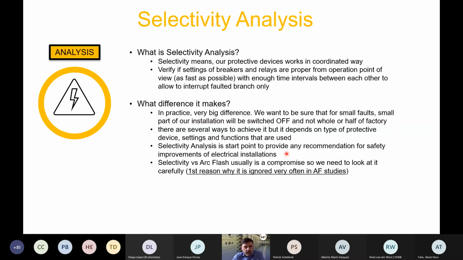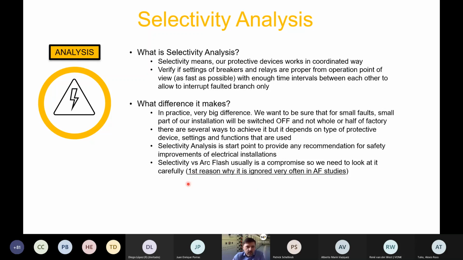In practice, it makes a very big difference, because you don't want your whole site to shut down because of a small fault, or half of the factory to go down because of a small fault on a motor. So it has to work properly. And selectivity has to be done as a compromise between settings of fast operation and arc flash itself.